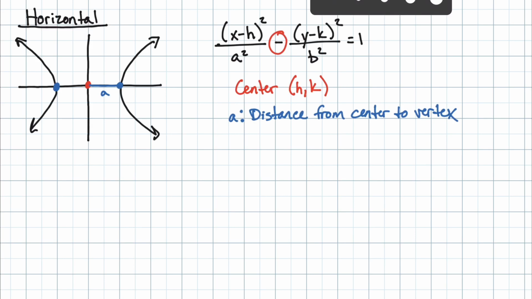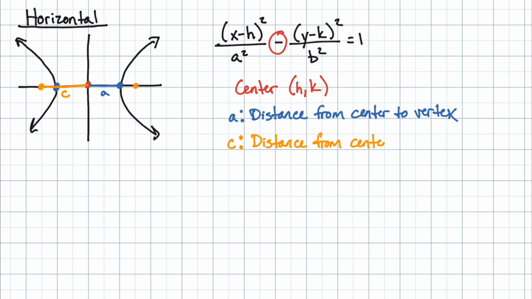So why do we care about it? Because we're going to focus on the c value, which I'm just going to highlight on that side. c is the distance from the center to a focus.